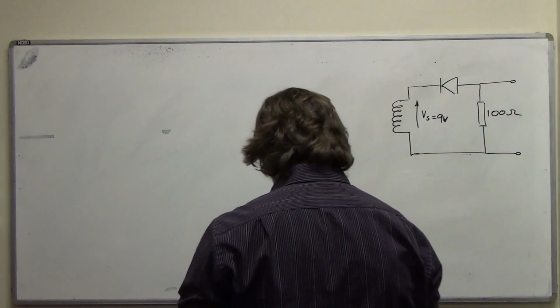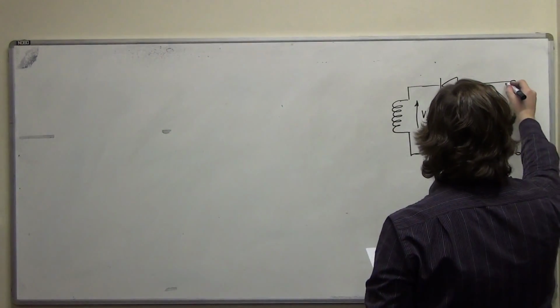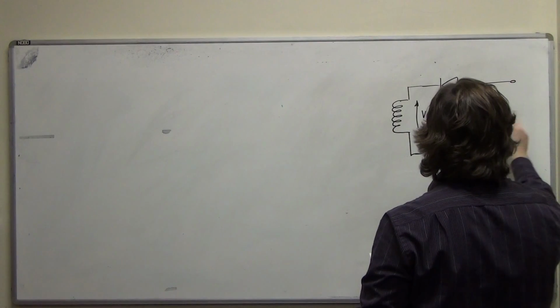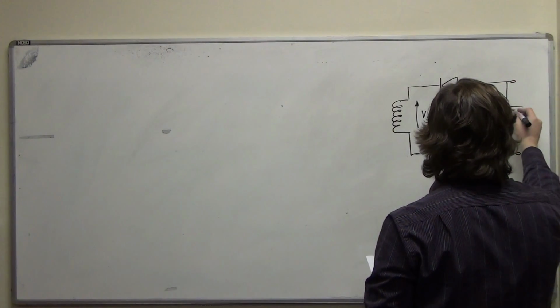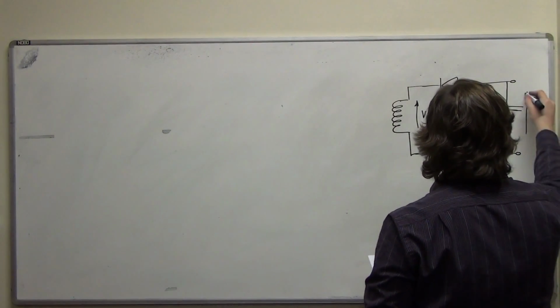And the question wants to know about a smoothing capacitor across here to smooth the voltage value. So the capacitor is going to be like that, and this will be our V out.